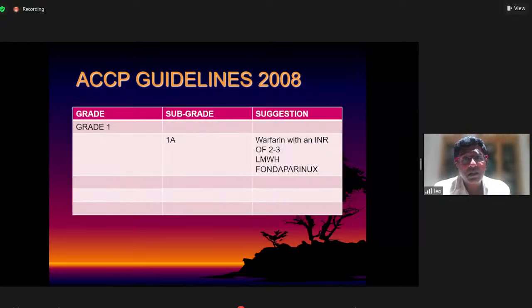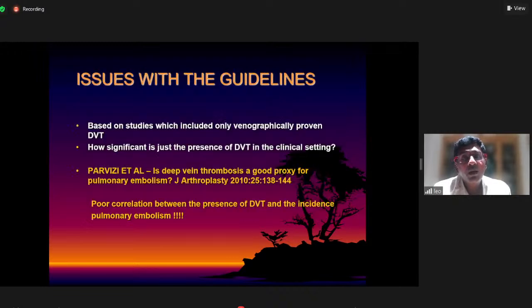Now, based on these, their only 1A recommendation was for warfarin with an INR of 2 to 3, low molecular weight heparin, and fondaparinux. That led to an explosion of the use of low molecular weight heparin, and we thought that was the way to go. There were a few issues with these guidelines.